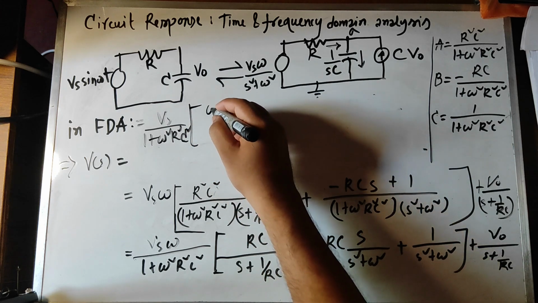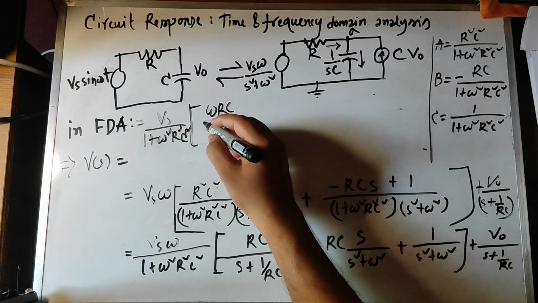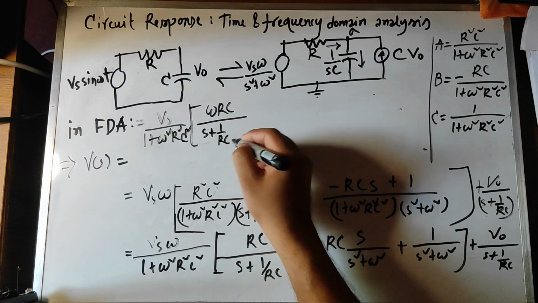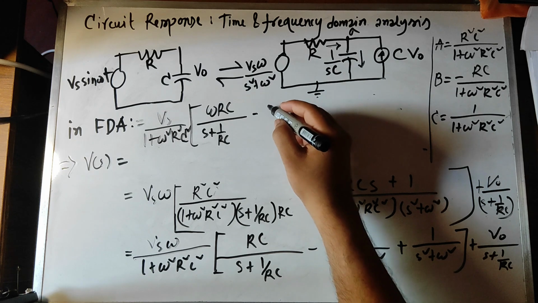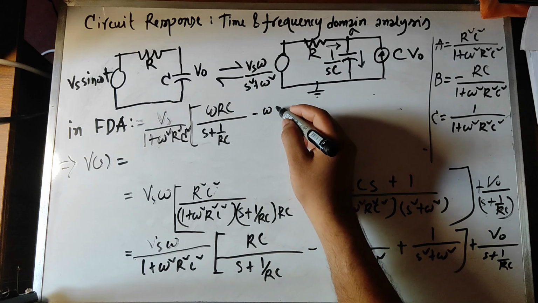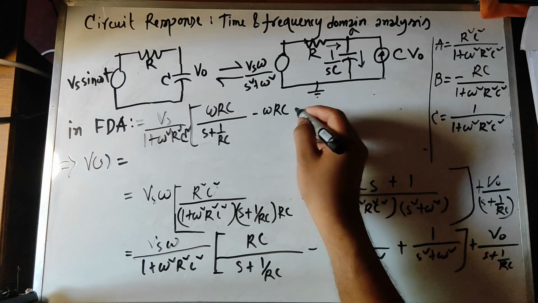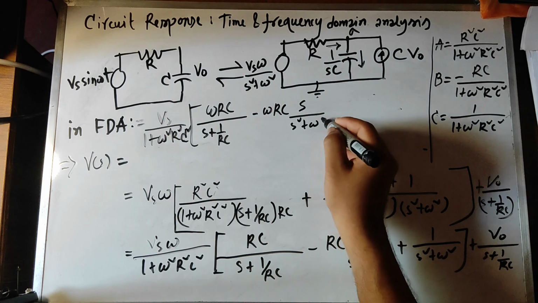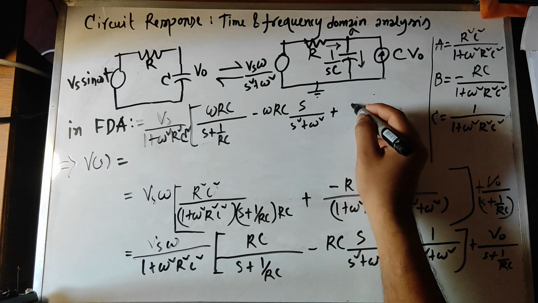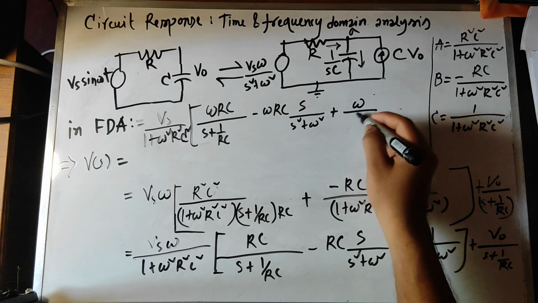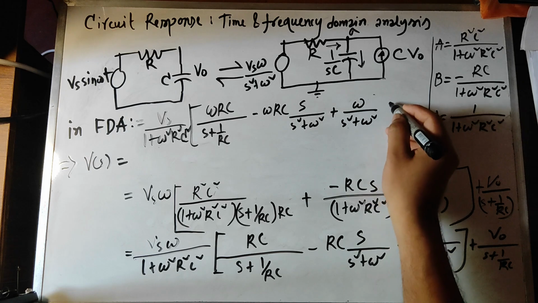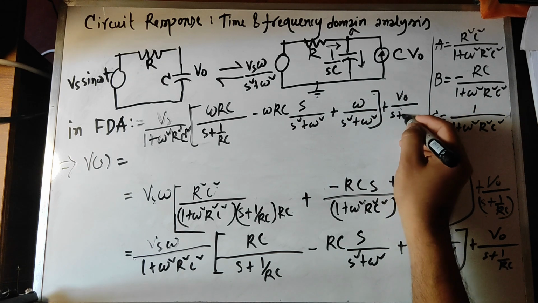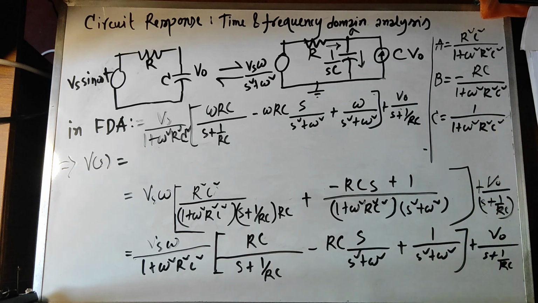This will give omega rc by s plus 1 by rc minus omega rc by s square plus omega square plus omega by s square plus omega square plus vo by s plus 1 by rc.